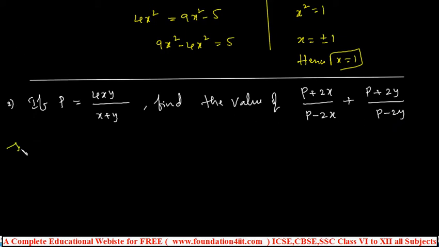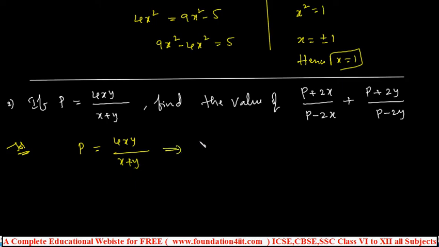So such type of problems, first we can see we have the p value, 4xy by x plus y. Here is p plus 2x and p minus 2x. I need to convert this given value according to this. So p is equal to 4xy by x plus y is given.